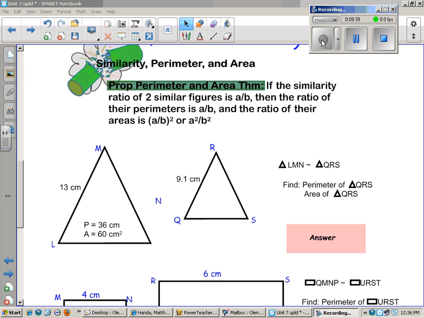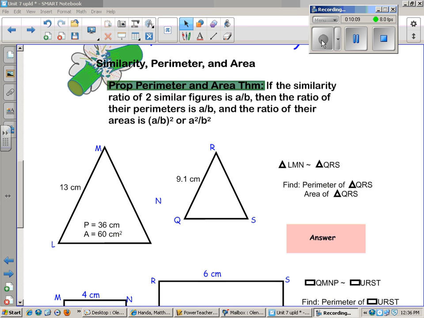What's the similarity ratio of these two figures? Yeah, 9.1/13. It's a ratio of the lengths of the sides. That's a similarity ratio. Remember, we've been calculating it for 3 or 4 days. It's a ratio of the sides of two similar figures. And see, they told us that these two figures are similar.